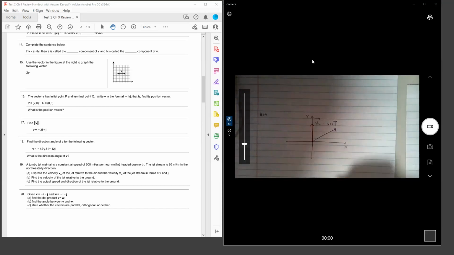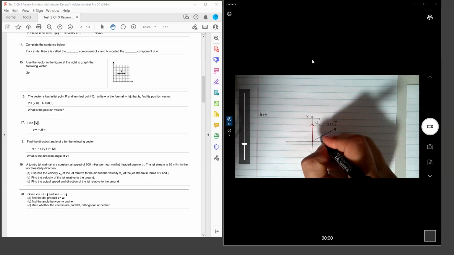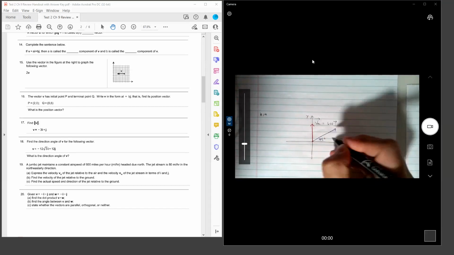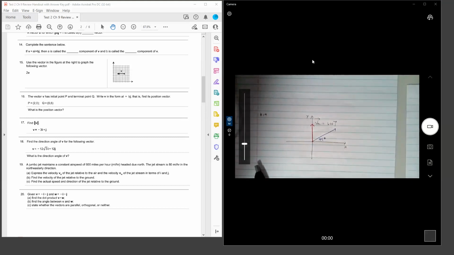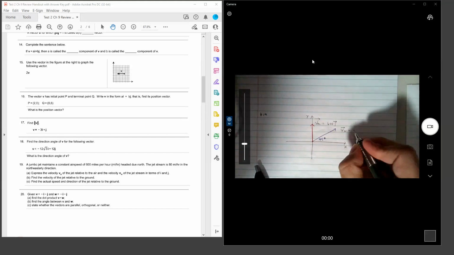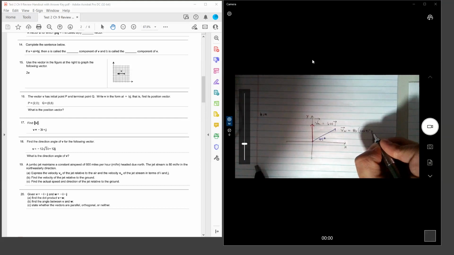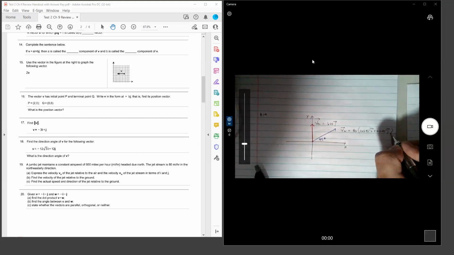I probably exaggerated, but it's better to exaggerate than to have a small picture. Northeasterly means that the angle formed here is 45 degrees. So this vector that represents the wind is 80, that would be the magnitude, times cosine of 45 degrees i plus sine of 45 degrees j.